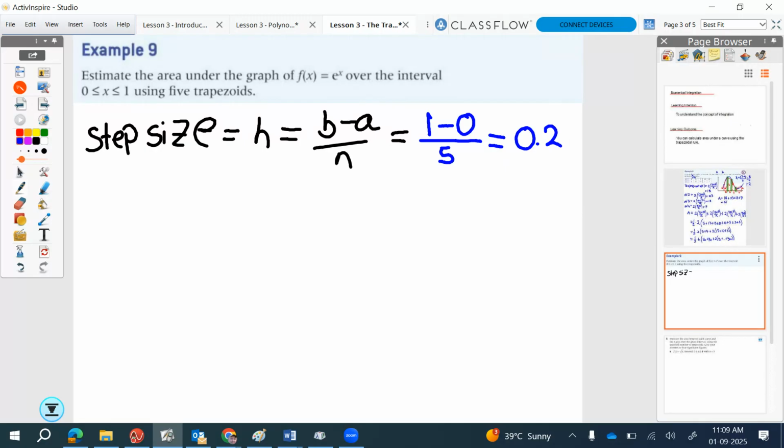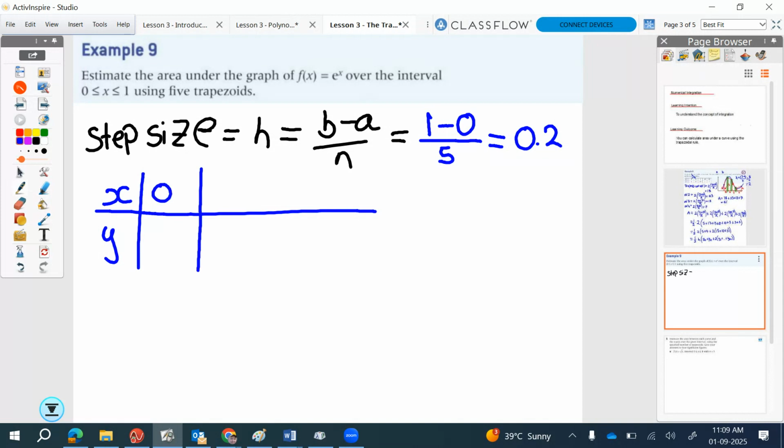So we are making a table. You don't have to put the table up, but if we were, it's going to look like this. What would be the first x value in our table? 0. The second x value? 0.2. The third? 0.4.